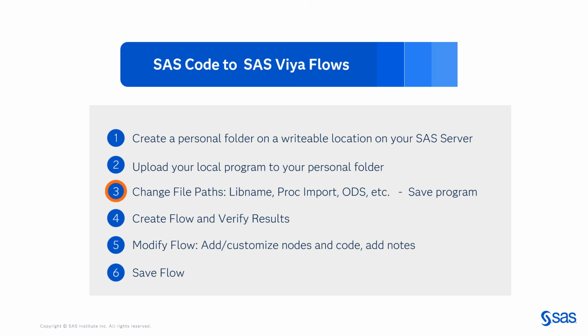You may have others, and then save the program. Next, we'll create the flow and verify the results. Step 5 is optional. You may want to modify the flow by adding additional nodes, customizing the code associated with the nodes, adding notes, changing the node names. And then finally, we'll save the flow.